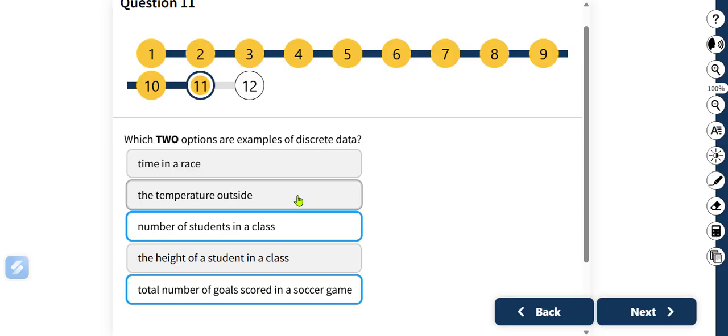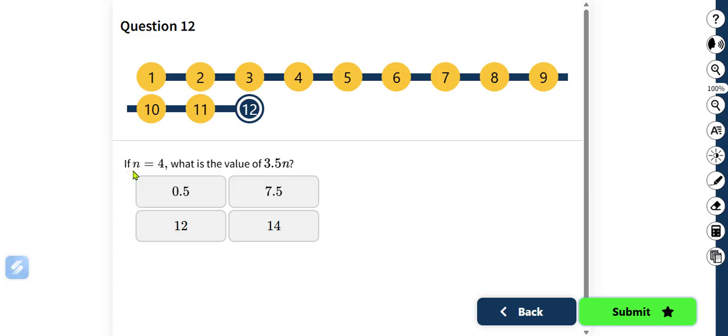The height of students can also be a decimal, like 145.5, 150.5. So these two are examples of discrete data. Again, it's data that consists of values that can be counted, usually whole numbers.